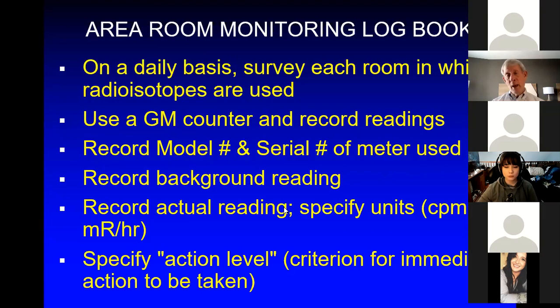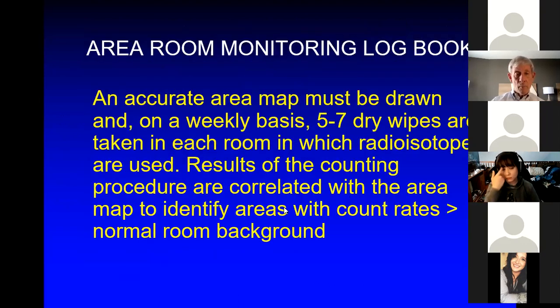And you might say, okay, my action level is going to be 50, let's say 50 counts per minute. If it's higher than that, I'll clean it up. If it's lower, I won't bother. I don't think that's actually a good action level. I'm not sure what it should be, but you have to have one that meets radiation safety standards. And RSO would know what that number is. I just am not sure what it is, but you have to have an action level.